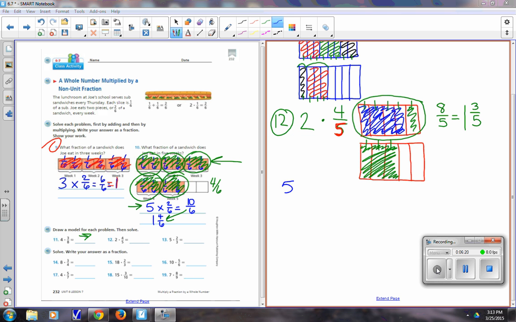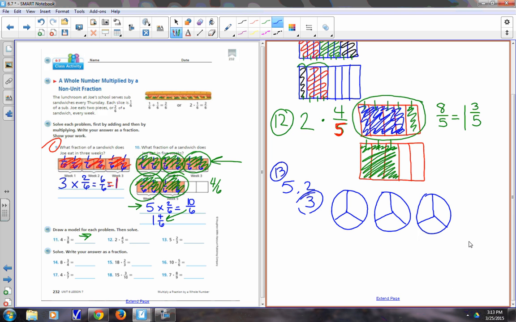5, this is number 13, times 2/3. So what is my object going to be split up into? Thirds. So if I have a circle, here's thirds. Here's thirds.